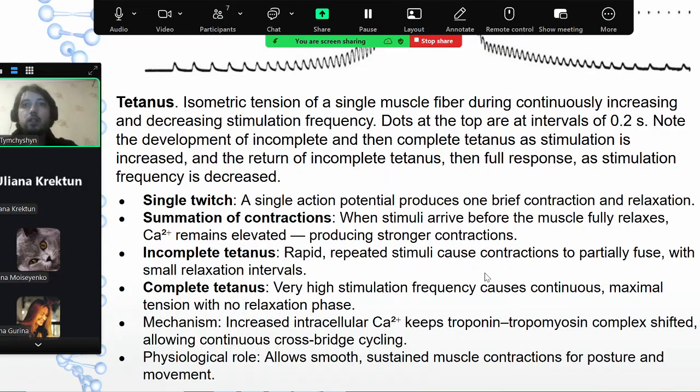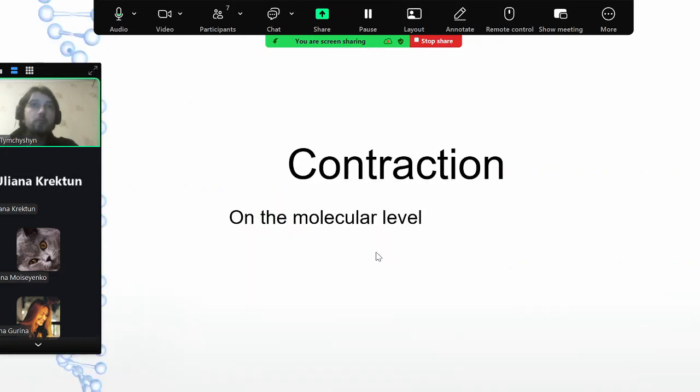The increased intracellular calcium keeps the troponin-tropomyosin complex shifted, allowing continuous cross-bridge cycling. I will show you what that means, what kind of cycling I mean. And of course, it has a large physiological role, because that allows smooth, sustained muscle contractions for posture and movement. So of course, we pretty desperately need that.